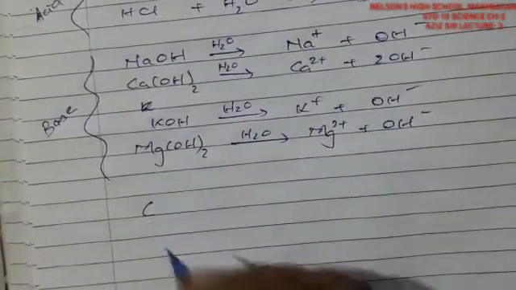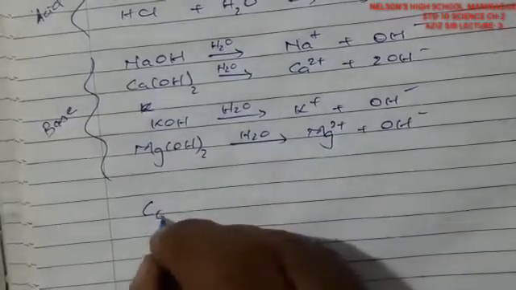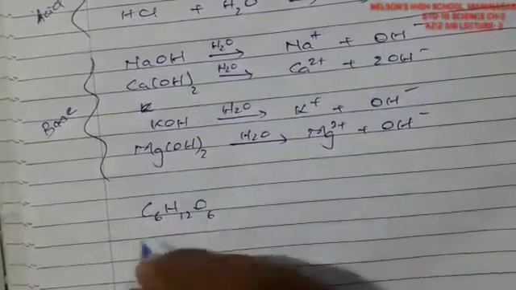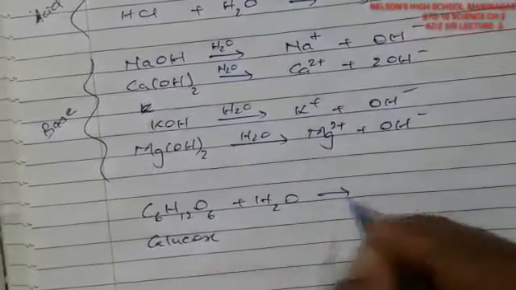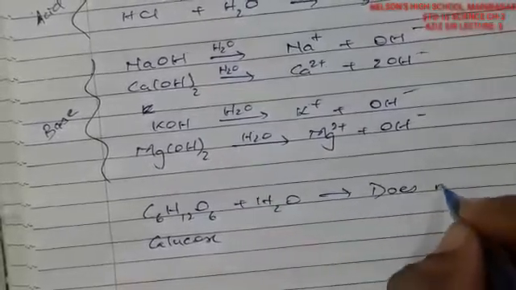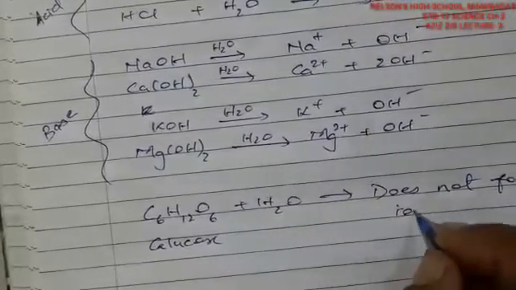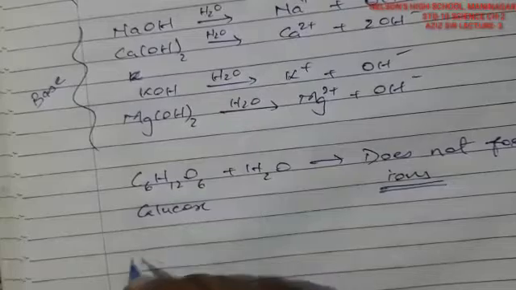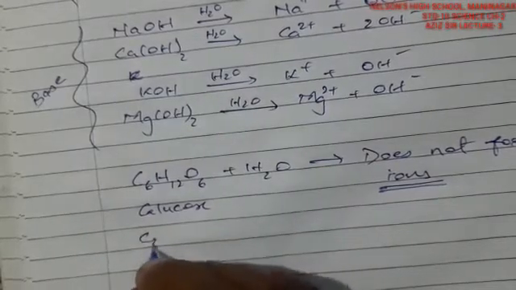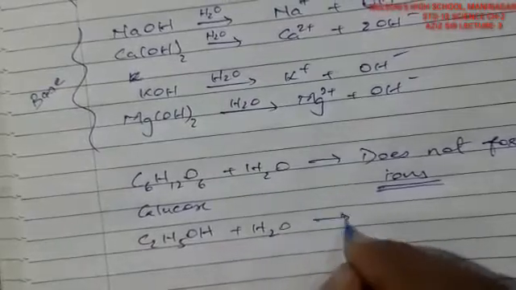Now suppose we take glucose. They ask a question: why does electric current not pass if you put glucose inside the solution? Glucose is C6H12O6. In case of glucose, putting it inside the water does not ionize, it does not form ions. The same with alcohol, C2H5OH: in the presence of water molecules, this also does not form ions.